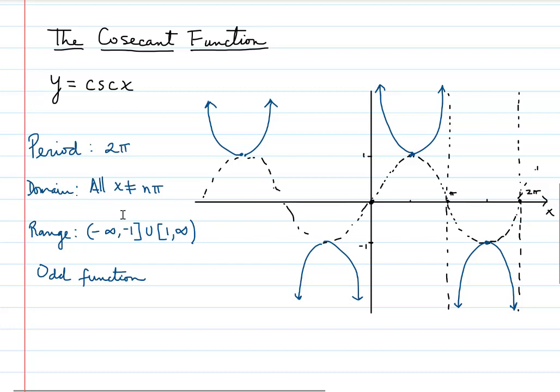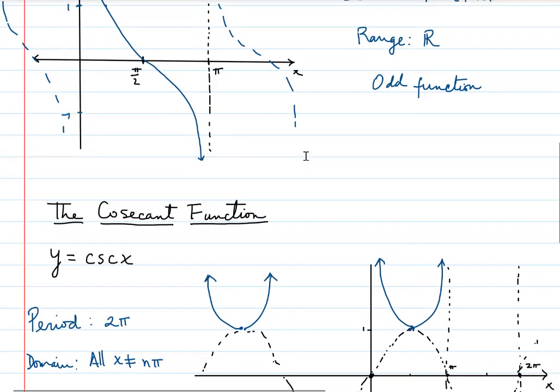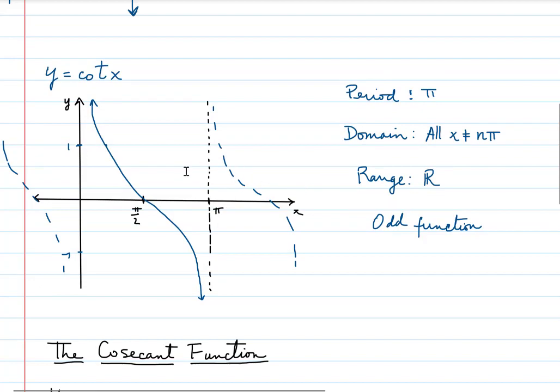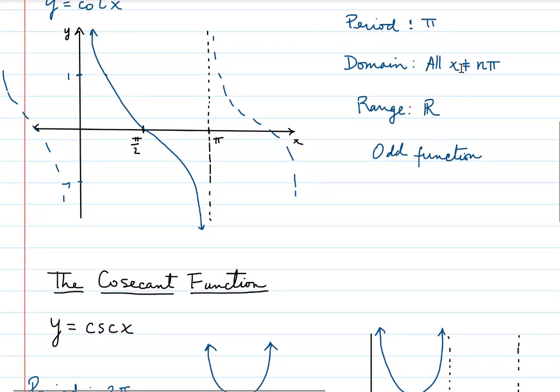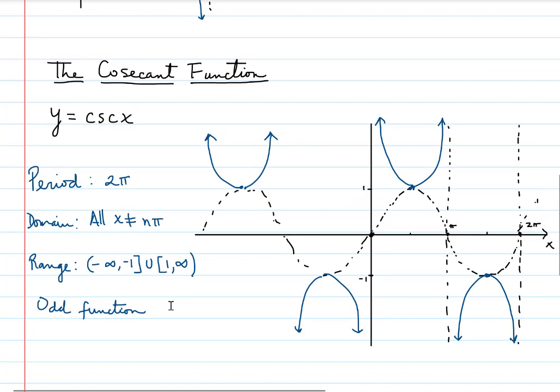And then we have the domain is everything except where those asymptotes happen. And notice how this coincides with the asymptotes of cotangent. If you remember here, they happen every pi, starting at 0, pi, 2 pi. Well, the same thing is going to happen for cosecant. So they have the same domain here as we had for cotangent. And the range is going to be everything. This goes to infinity, this goes to negative infinity, this part.